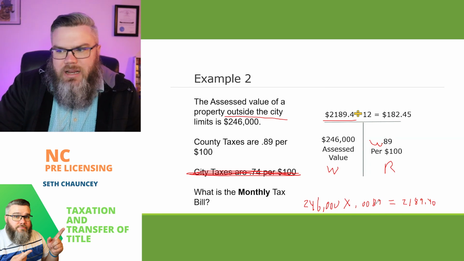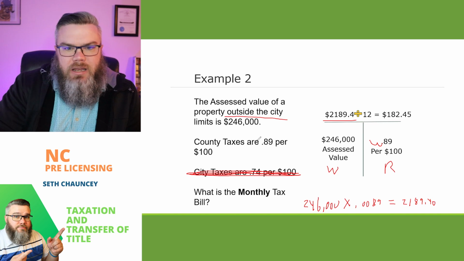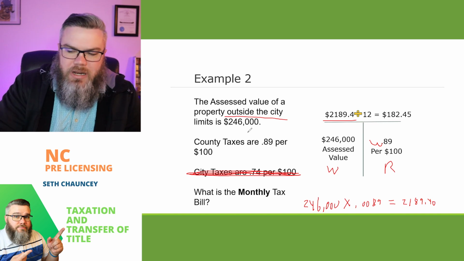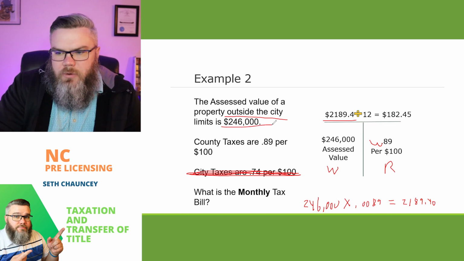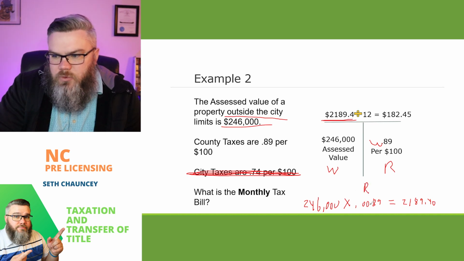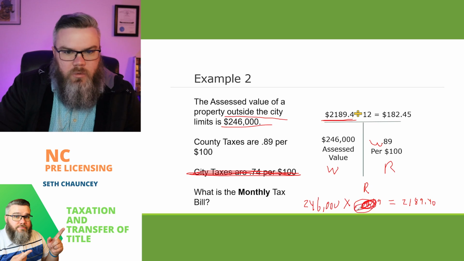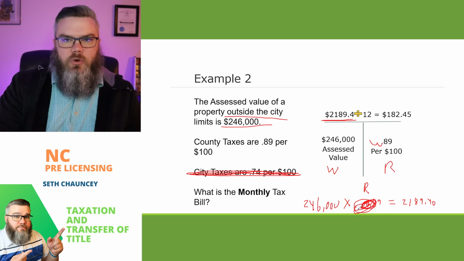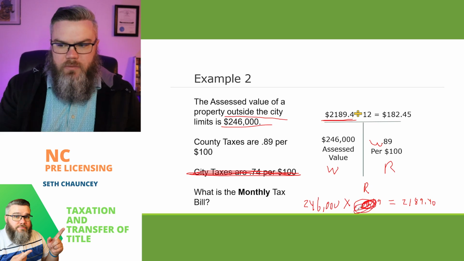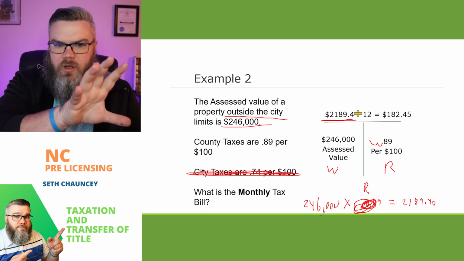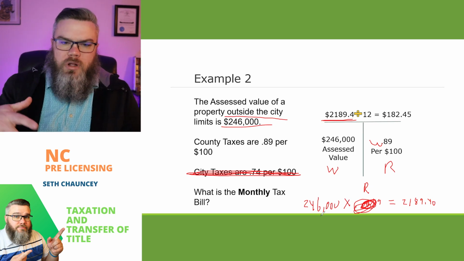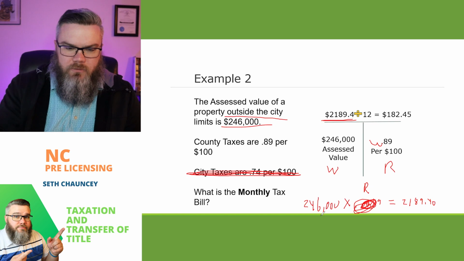But let's say that I didn't give you the rate. Let's say that I asked you to reverse engineer the problem. I said, okay, here was the assessed value, here was the tax bill. What was the tax rate? Now you have this unknown. And this is the most trivial form of algebra, where you move all the numbers to one side so you figure out the value of your unknown variable.